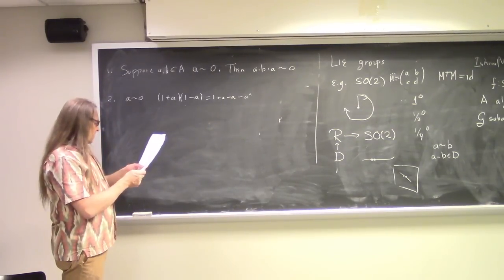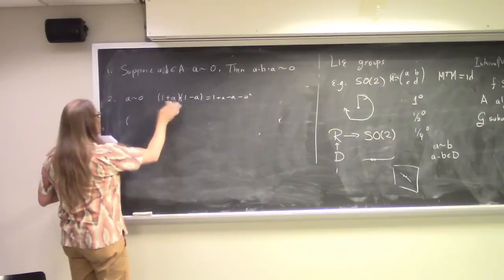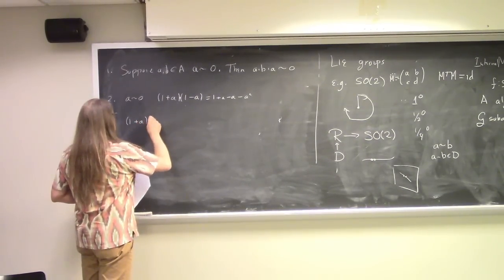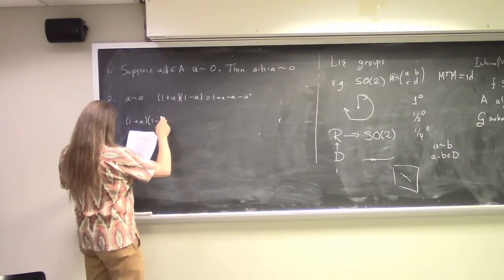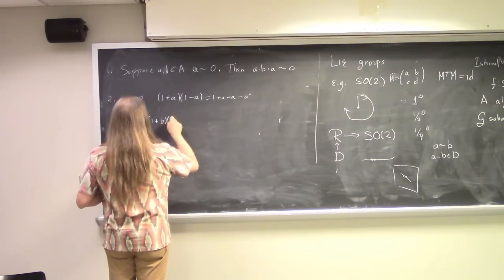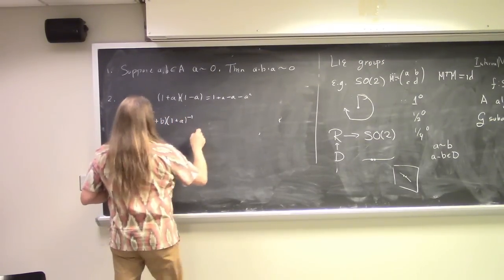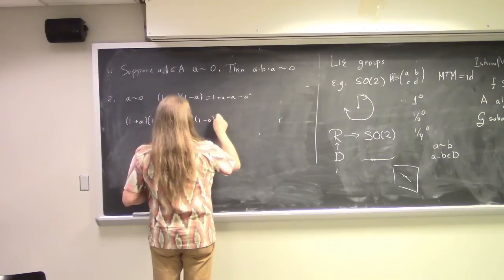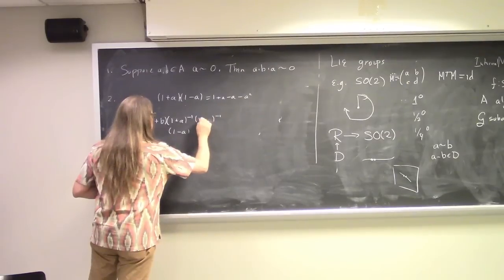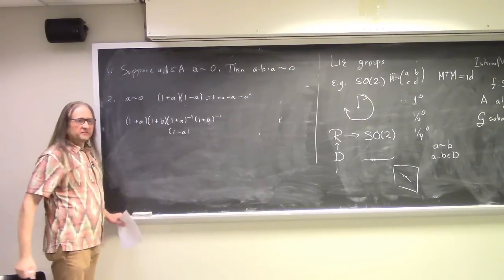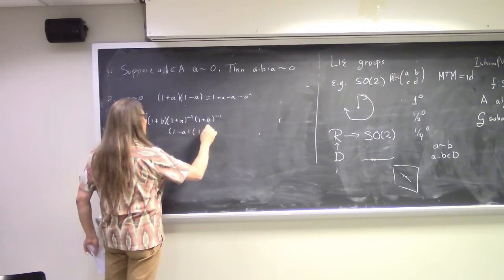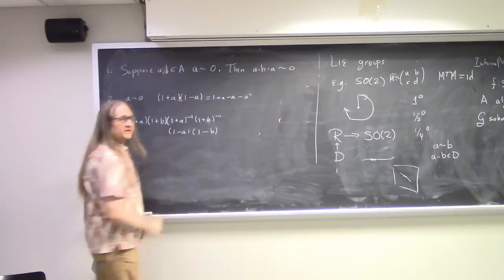Now, let me take a commutator of two such things, 1 plus A and 1 plus B. As we said, the inverse of 1 plus A is 1 minus A, and the inverse of 1 plus B is 1 minus B.